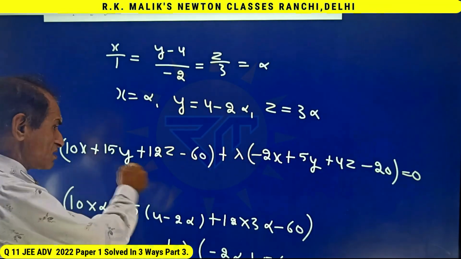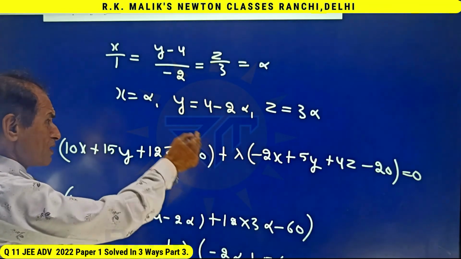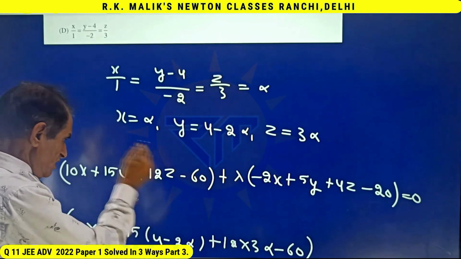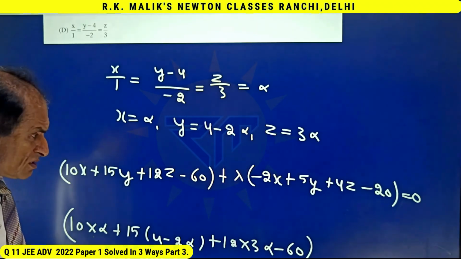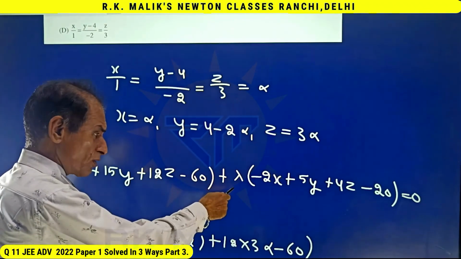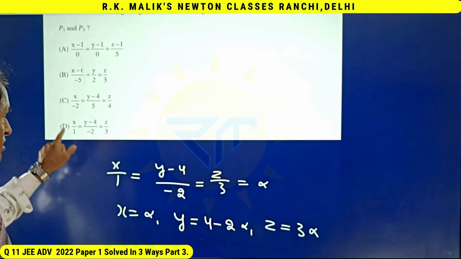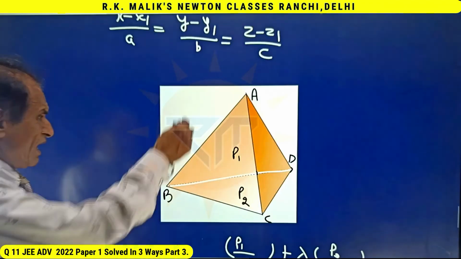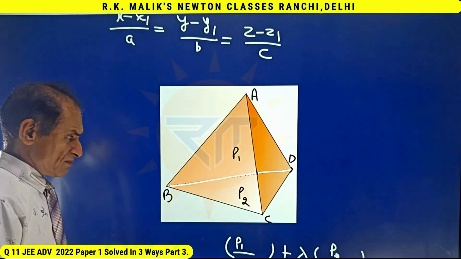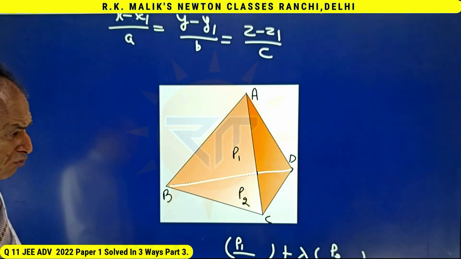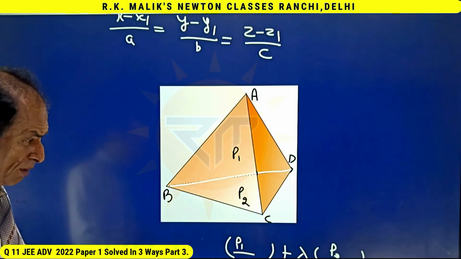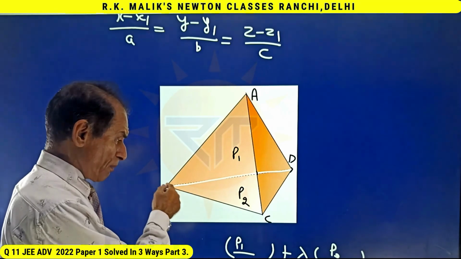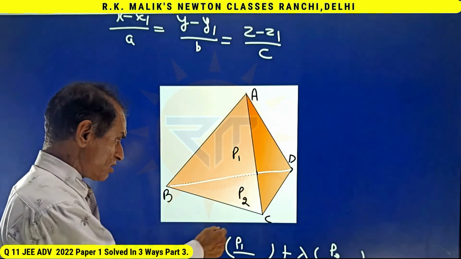And as I have taken the plane passing through the intersection of these two planes in this form, hence had I got lambda equal 0, then in that case, this equation would have represented AB or AD. But presently, because lambda is found to be in the form of constant upon 0, hence the given equation will be representing the edge of the type BC or CD.